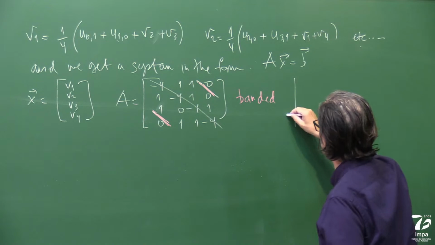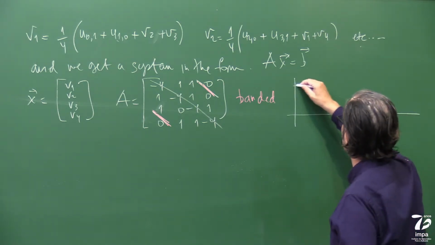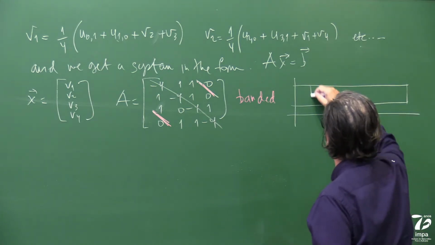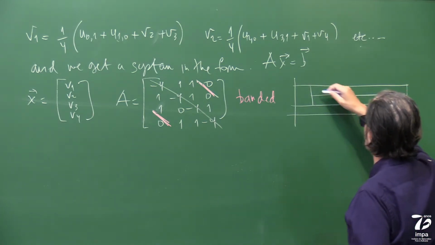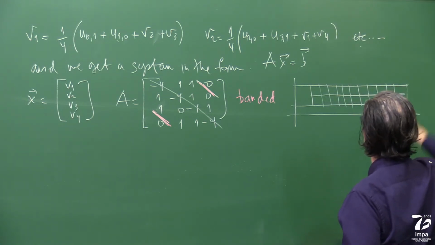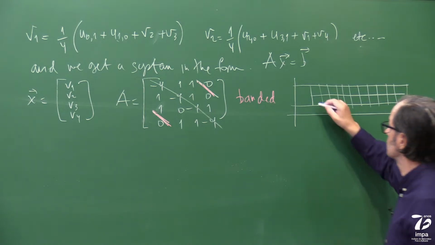For example, just imagine if you have a domain which is like this. And these are your nodes.